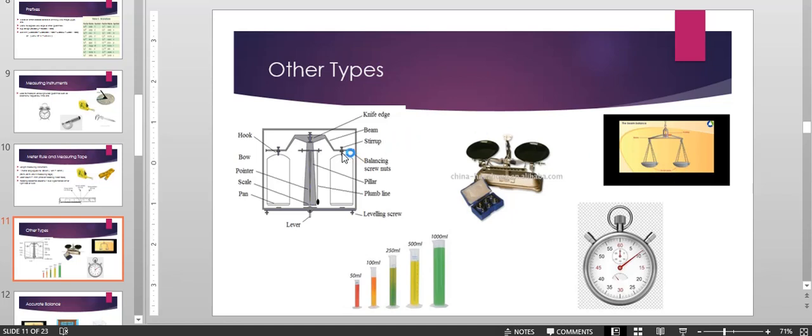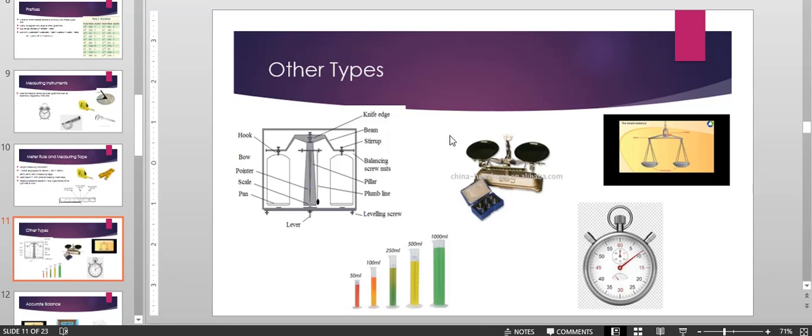Then we have a physical balance. It is also similar to the beam balance, but it is more accurate as it is enclosed in a box in order to stop any effect of atmosphere on the measurement.